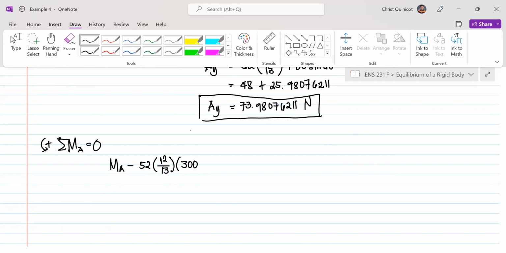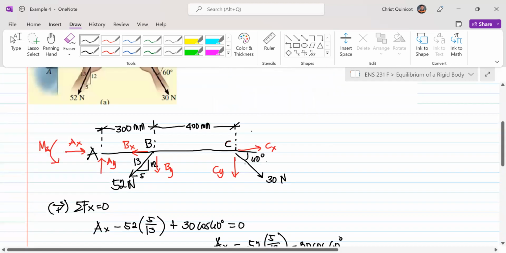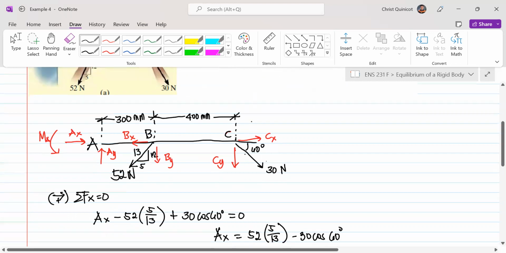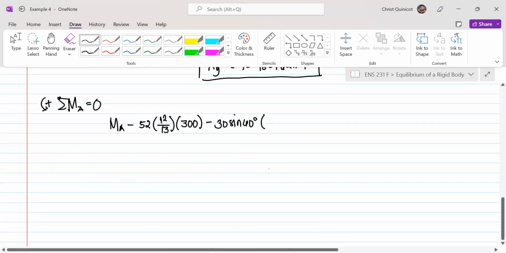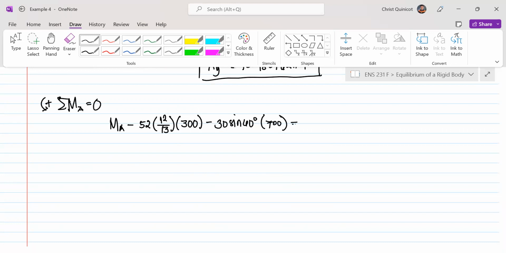the base unit, which is Newton meter. And then minus our 30 sine 60 degrees times its perpendicular distance, that is 300 plus 400, which is 700, equal to 0.